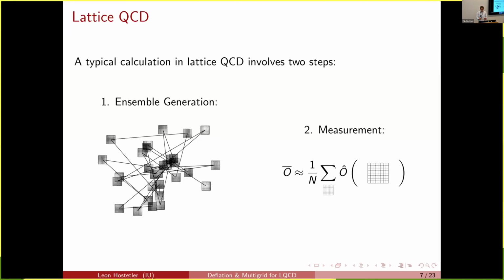Now, both of these steps are large endeavors, usually multi-year endeavors, and of course involve a lot of sub-steps that I'm just kind of glossing over. But one nice thing is these 2 steps are separable in some sense. Once we have an ensemble of gauge configurations, we'll keep that for years, decades, and we can perform repeated measurements on these ensembles.